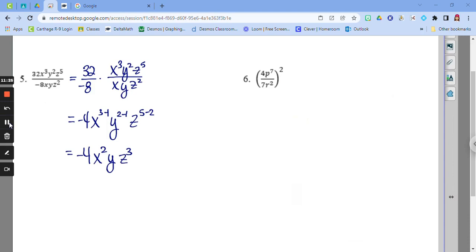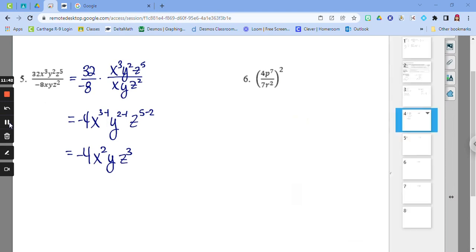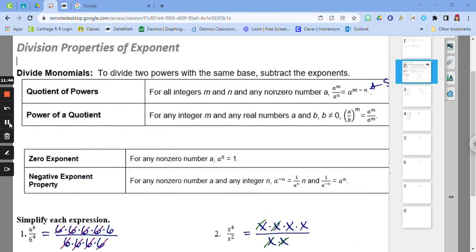All right. So on number 6, there are 2 rules going on. If, but really not. So we can't subtract these exponents, 7 and 2, because those are different variables. So the power rule. So this is that second part to this.